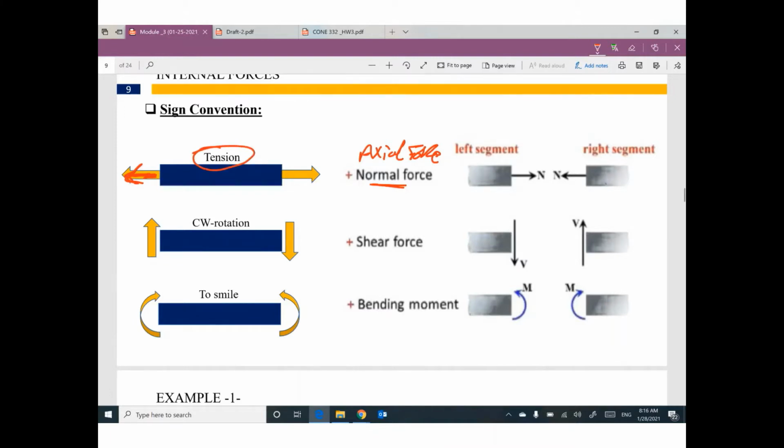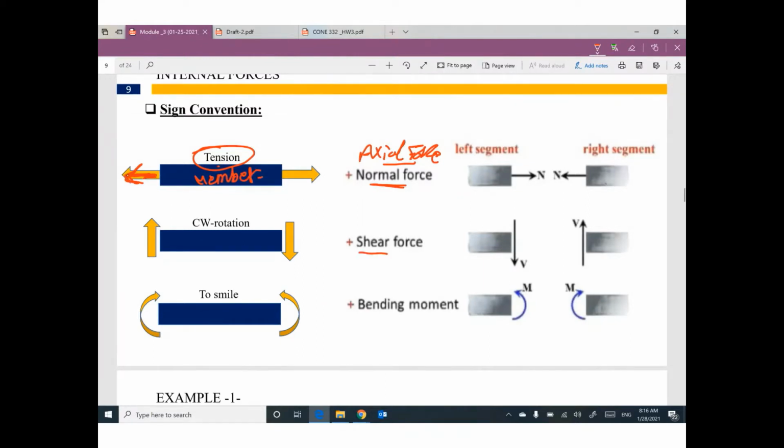The positive direction for axial force is not to the right, not to the left, not upward or downward. No, your assumed force will cause tension to the member.